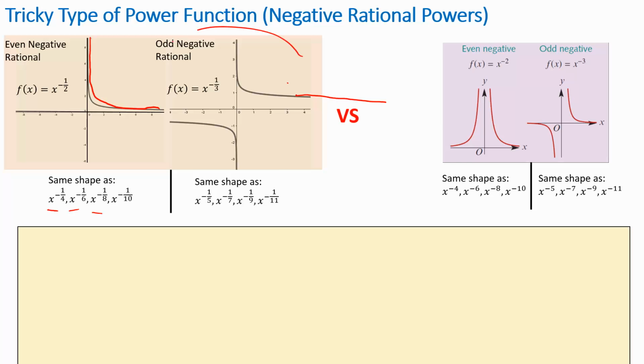Okay, so I want you to look at this graph and this graph. The difference between these two that I want you to pay attention to is that this takes a while to reach the y-axis, or another way of thinking about it is the x values get closer to 0 much faster when it's 1 on x cubed, versus this one takes longer to reach y equals 0.